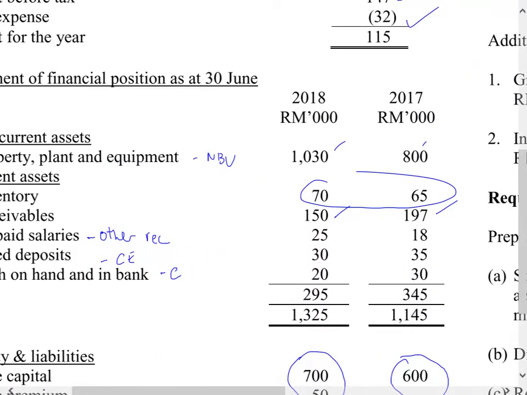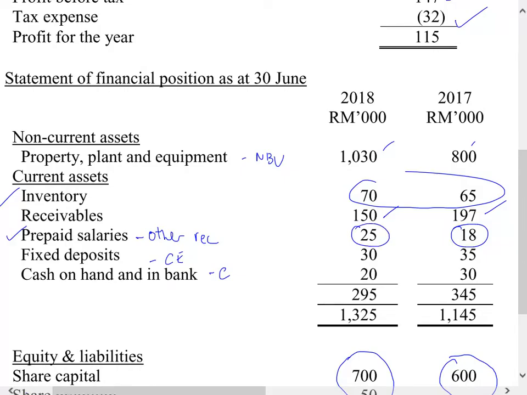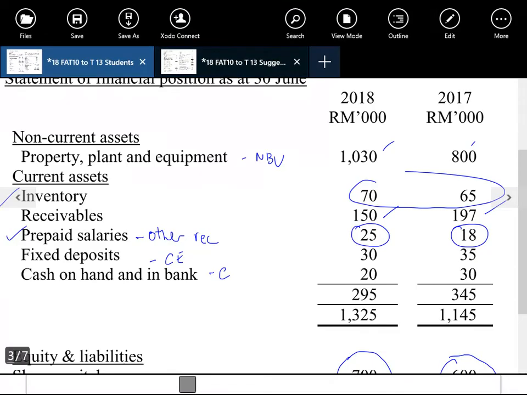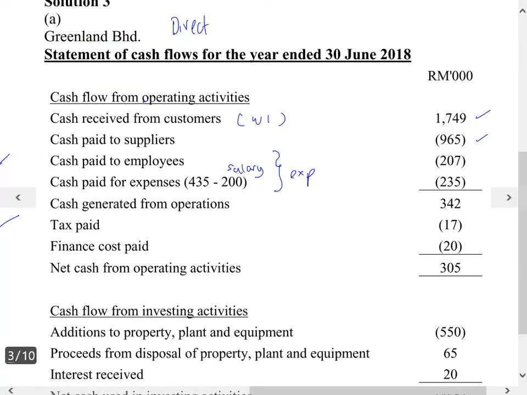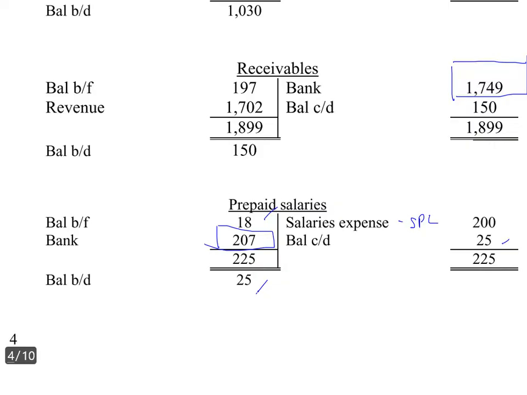Note 1, note 2, included in the operating expenses, included in here, 435, is an expense incurred for salary. Salary expense doesn't mean salary paid. Salary expense is 200, but we may pay more, we may pay less. How to know? Here, we have a prepaid salary, opening 18, closing 25. Prepayment is an asset. Put it here. Note 2 says salary expense is 200. Put it here.